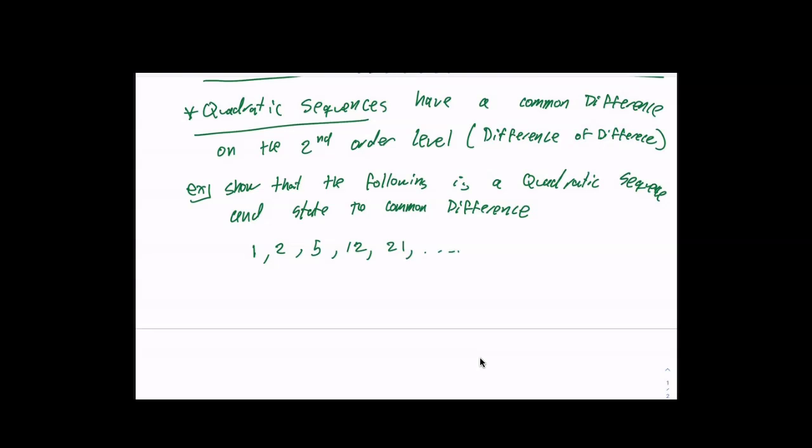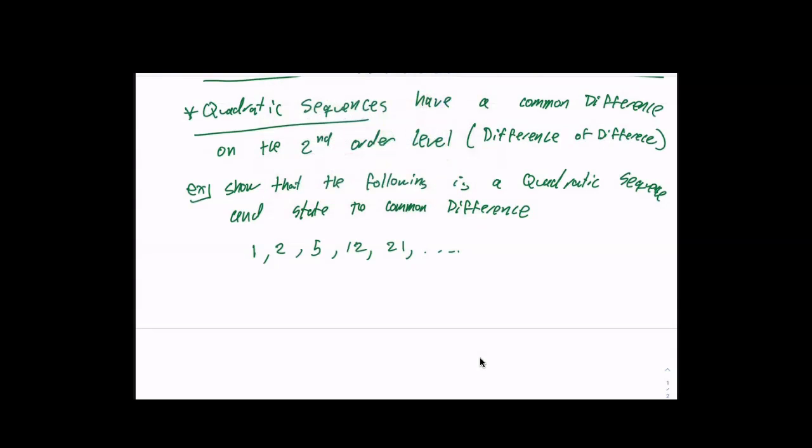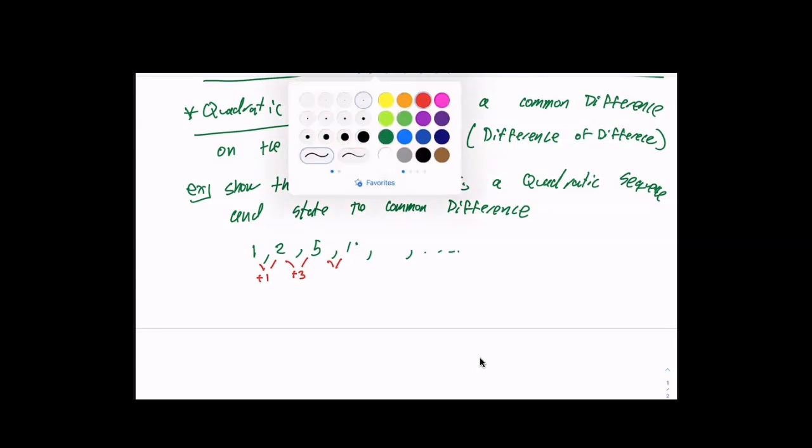All right. So let's check the common differences. The common difference between 1 and 2 is 1. Between 2 and 5, that's 3. I messed up the sequence again. Sorry about that.